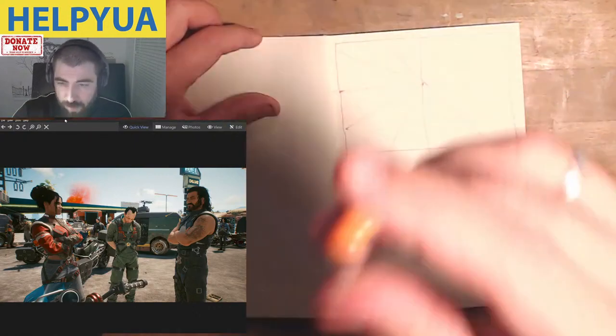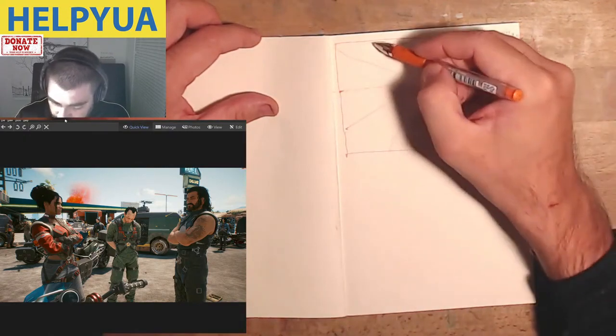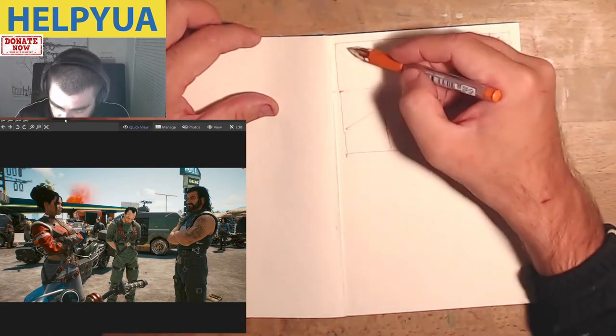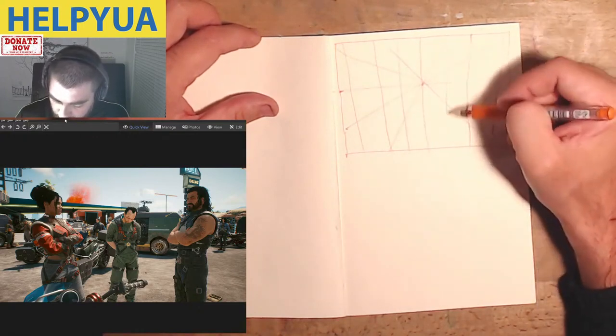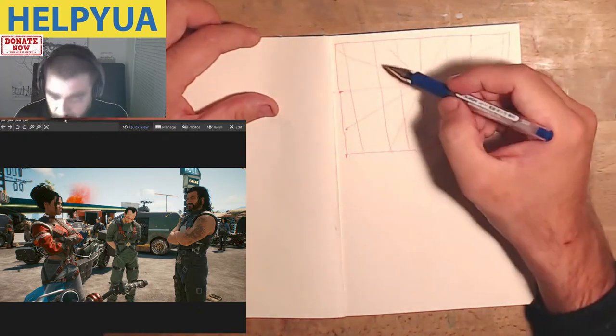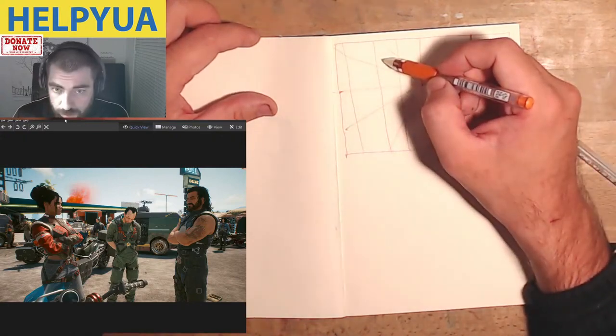And yeah, here we have some vertical lines, a little with this inclination. Let's see.